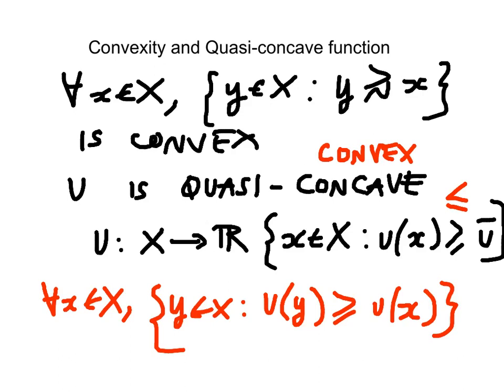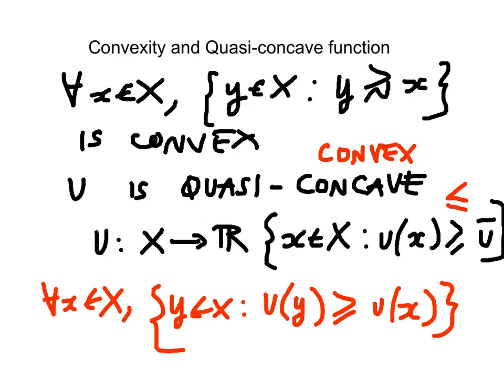Let me show you a graphical representation of this, just to be crystal clear. But what I want to say here is that I've simply picked my u bar here to be the utility associated with a particular bundle x, right?